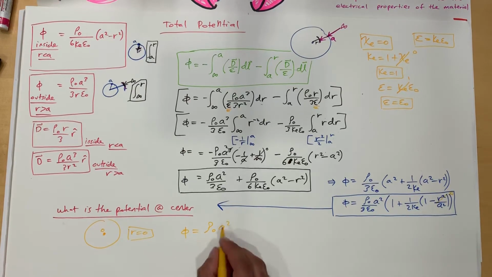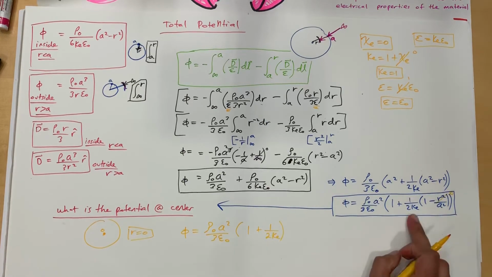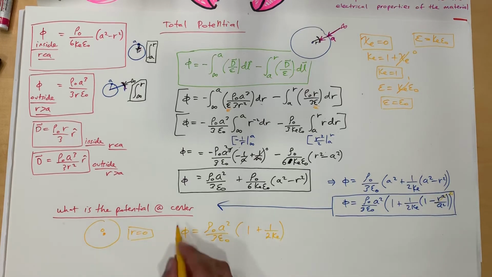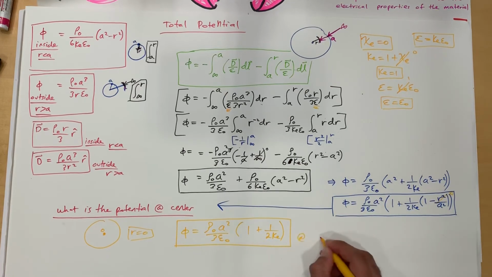So rho naught A squared over 3 epsilon naught times 1 plus 1 over 2 ke, and I think that's it. So you see, we got rid of that whole side over there, and this is what we have for the final expression for the potential at the center.